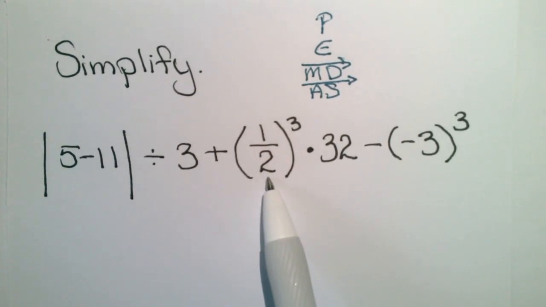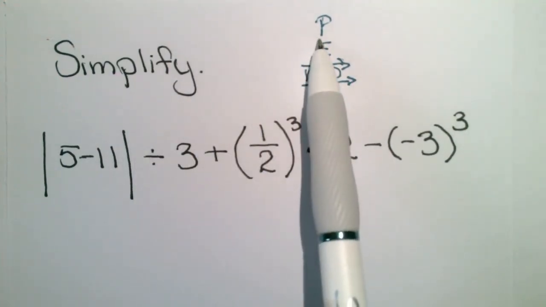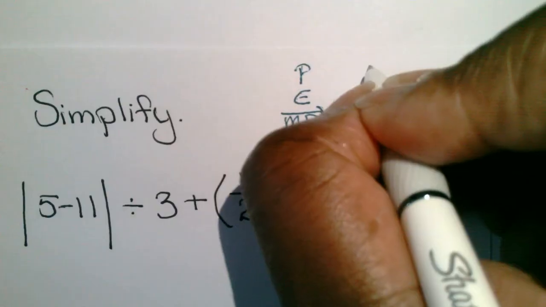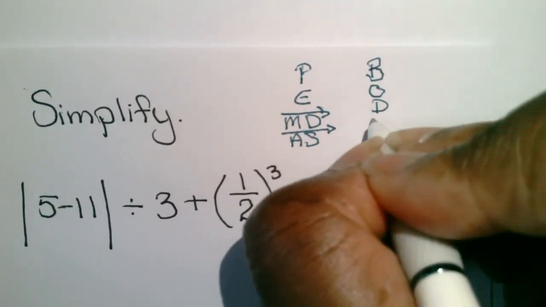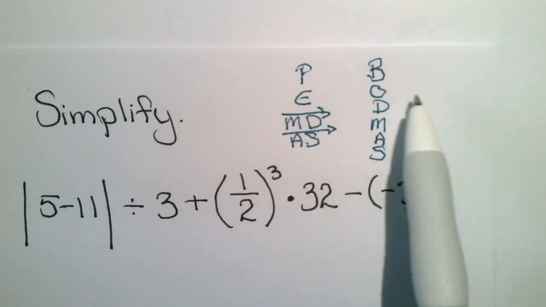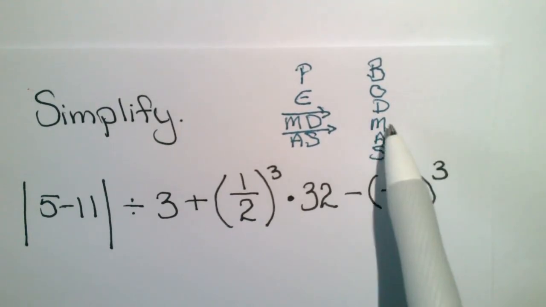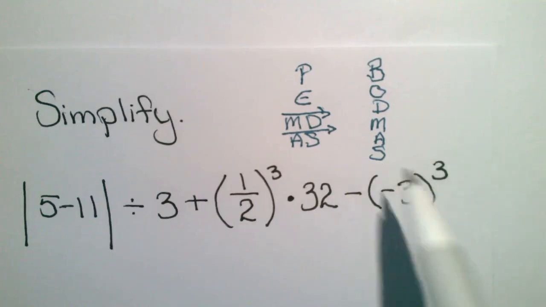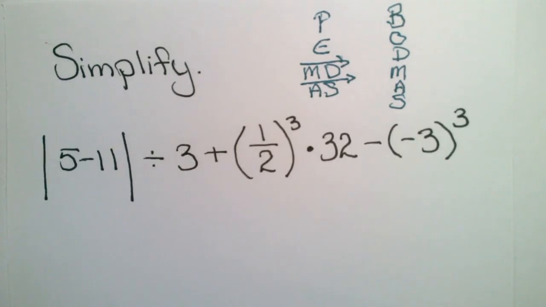There's nothing to combine. But absolute values do fall into that parentheses, or for my other peeps, you have your BODMAS. Okay? Your brackets or parentheses, your others, your exponents, your division, multiplication, addition, and subtraction. Okay? So you get all your stuff, even with your grouping.